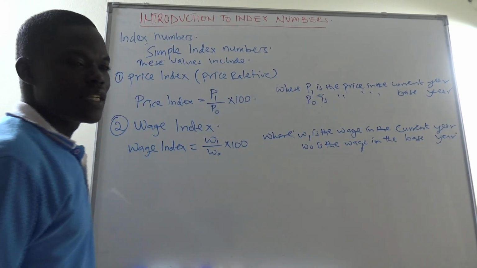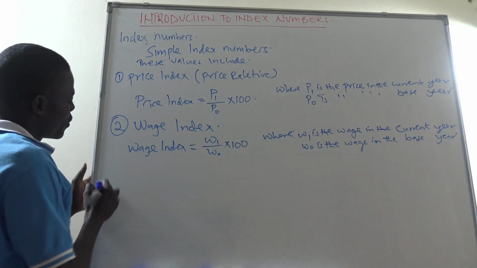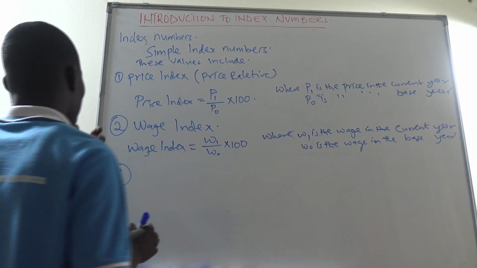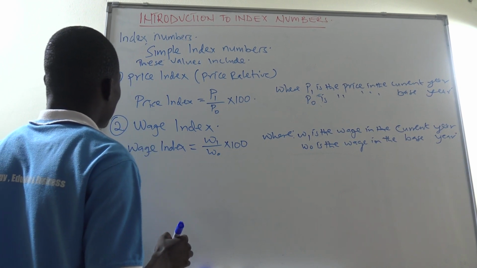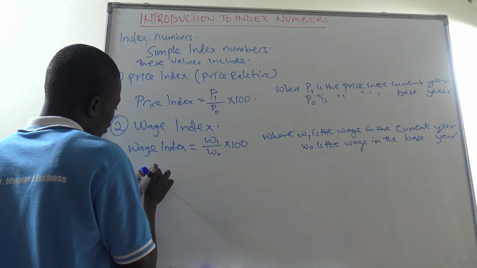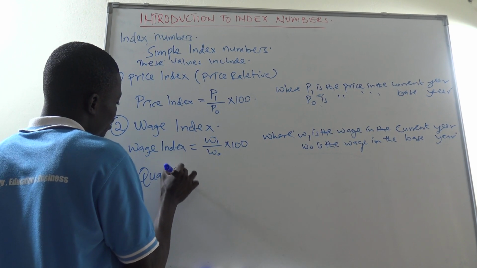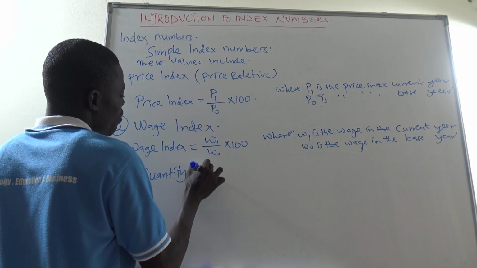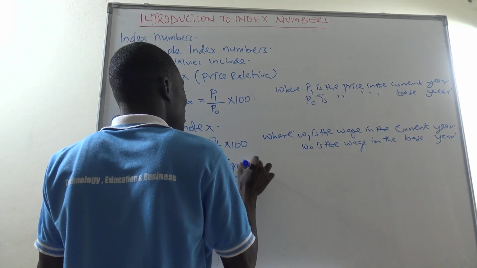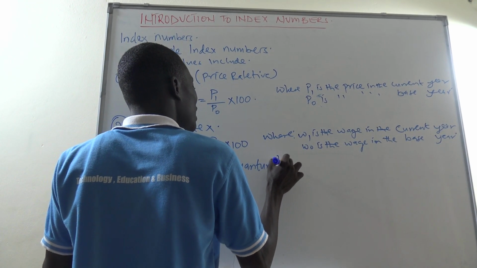Then the last one we have is what we call quantity index. You can call it quantity index or quantity relative, but sometimes they call it quantum index.